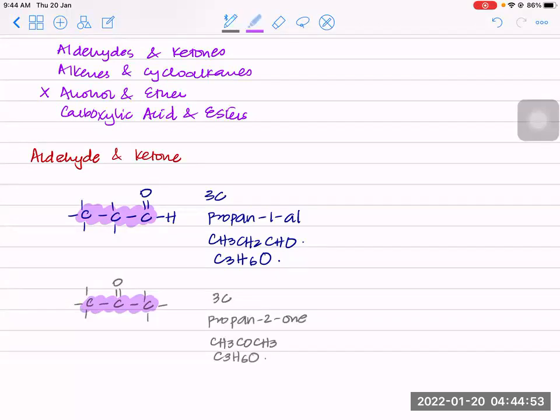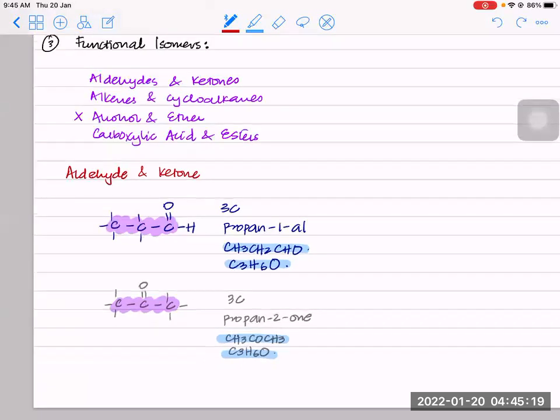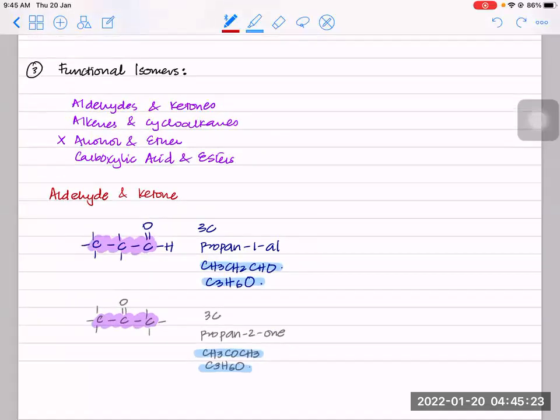Do you see the molecular formula is the same, but the structural formula is different? And why is the structural formula different? Because you've changed the functional group. So they are what? Functional isomers of each other. Structural, yes, but which type of structural? Functional, because the functional group is different. Clear? So aldehydes will always have functional isomers with ketones.